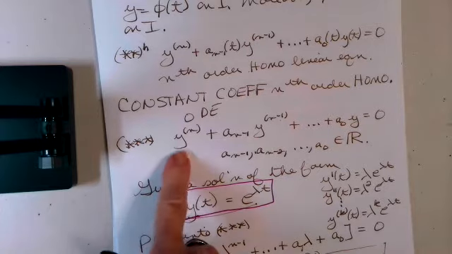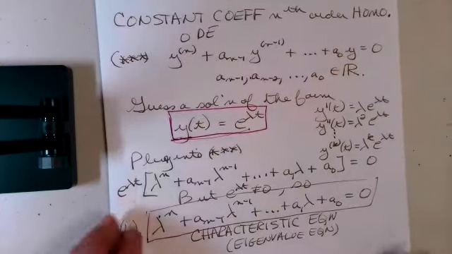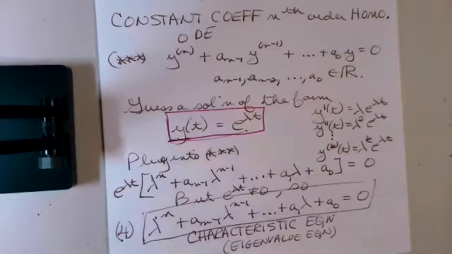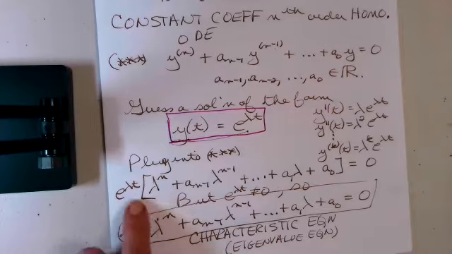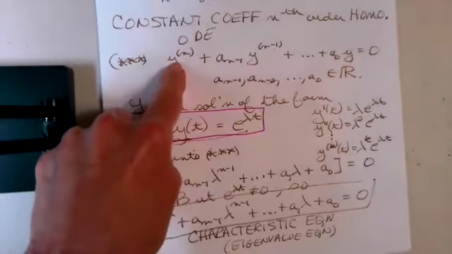So we plug that into this equation that we want to study. So what does the nth derivative look like? It is lambda to the n times e to the lambda t. Now I'm going to put the e to the lambda t outside because each term I write down is going to have one in it. So I write down e to the lambda t out here. Here's a lambda to the n that comes from this term.